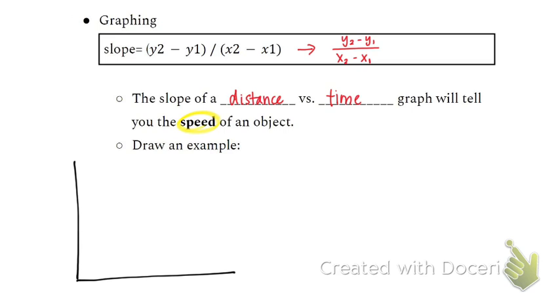Which unit goes on the bottom? What is your independent variable? Time. Time's going to keep ticking no matter what you do, right? We're going to say that's in seconds. And our y-axis or dependent variable has to be distance.